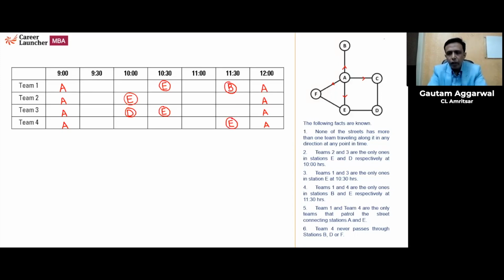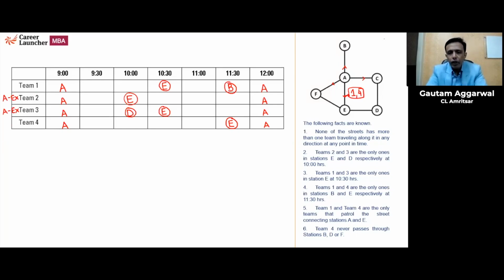Team 1 and Team 4 are the only teams that could patrol A to E. So we are very clear that this route could be accessed only by either Team 1 or Team 4. The rest of the teams could not travel from A to E. So I'm very clear, on A to E I cannot have Team 2, I cannot have Team 3. So the option of traveling here is violated.